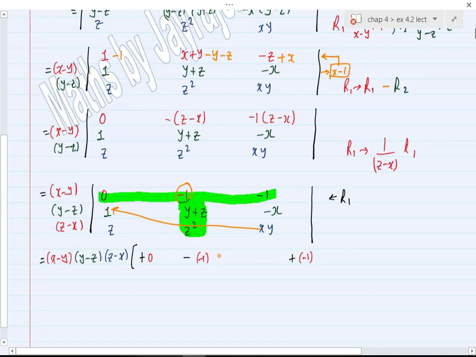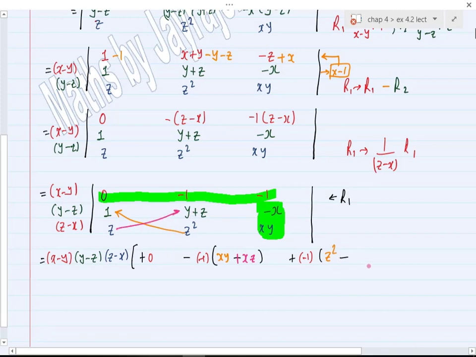xy ones are xy, minus z into minus x will give us plus xz. Now to get the minor of minus 1, so to cross multiply z square with 1, z square minus z will multiply with yz will give us minus zy minus z square.